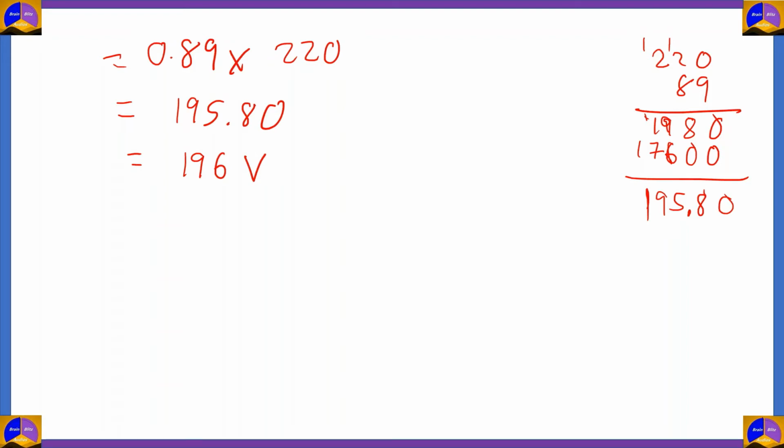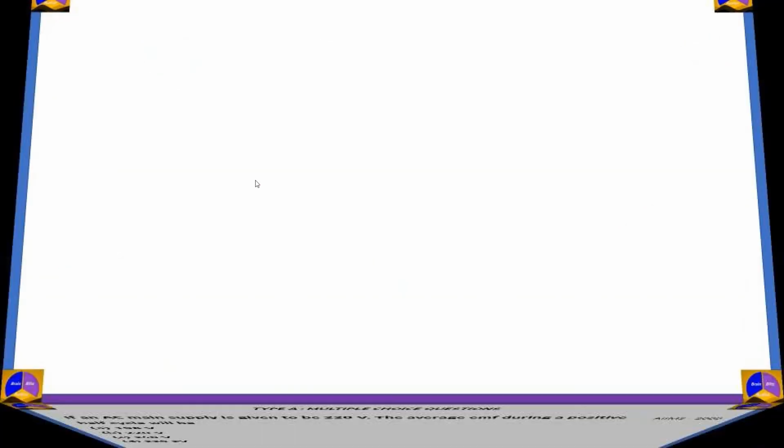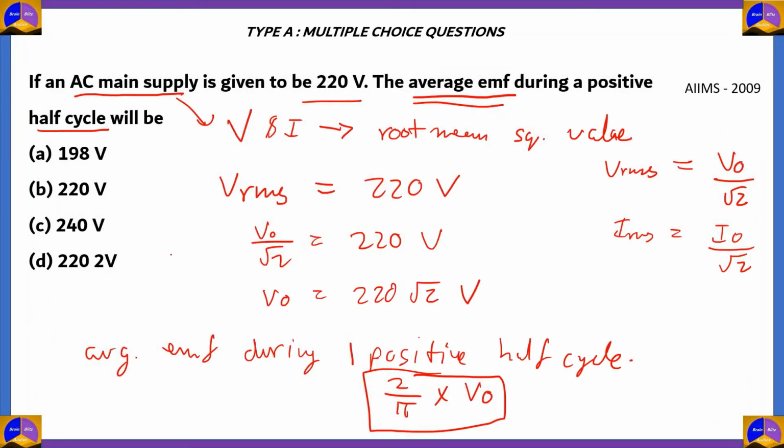So there's always an amount of variation possible. So we have got the value 196 volts experimentally. If we look at our options, we can see that option A, 198 volts, is the closest value to 196 volts. So therefore, the right answer is, in fact, option A, which is 198 volts.